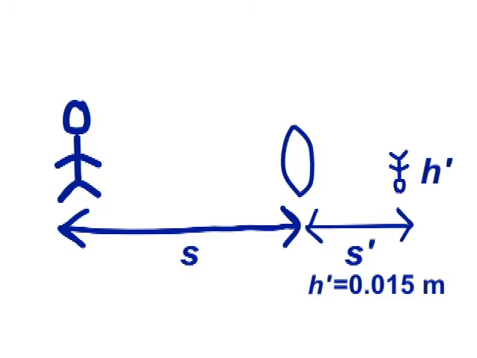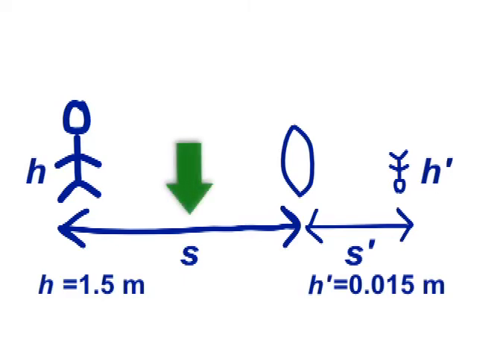I'm sorry, it's 15 millimeters. The height of the woman, 1.5 meters, that's h. So I'm given h, I'm given h prime, I'm not given s, and I'm not given s prime. We're asked to calculate this. How far is the woman from the camera? What am I trying to find here? s. I'm trying to solve for s.